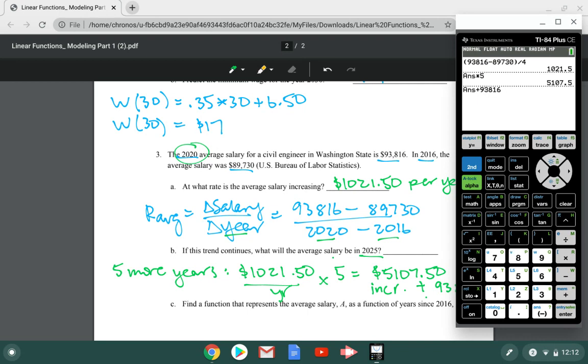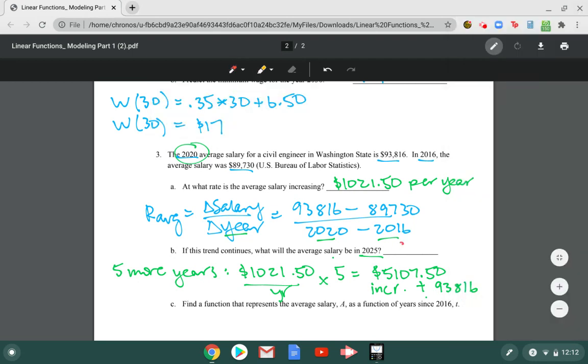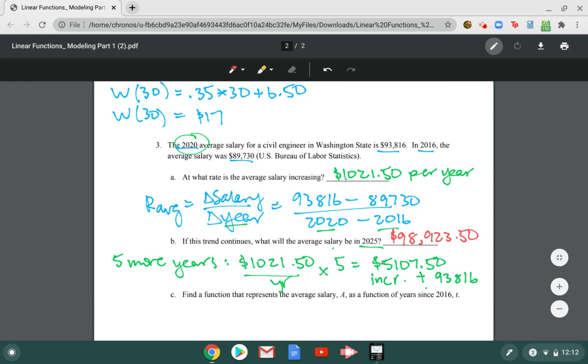So we just added 5 years of increase and we get 98,923.50, assuming that consistent trend.